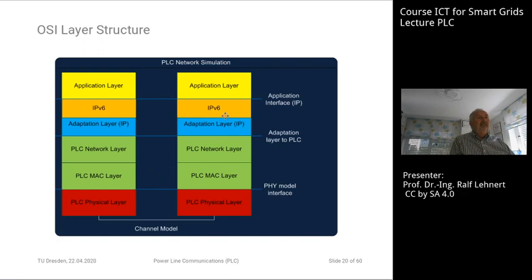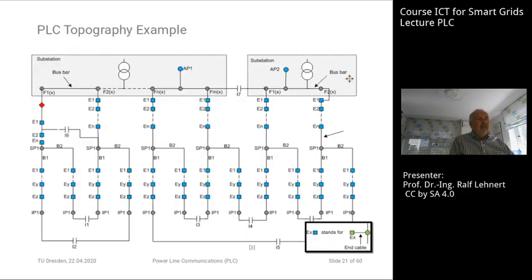The only difference is that from the IP, nowadays the IPv6 standard, to the network layer, in between there is typically an adaptation layer to adapt to some special requirements of PLC. The PLC network layer is a bit different from the network layer of a classical cabled, for instance, LAN architecture, and below as well. But the architecture in principle is according to the OSI layer structure.